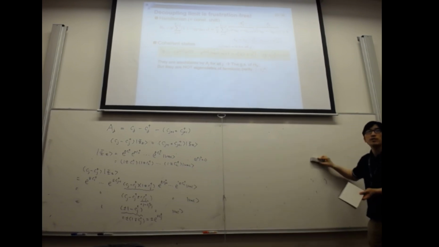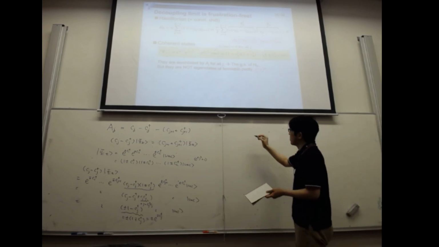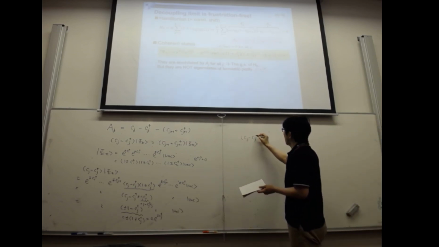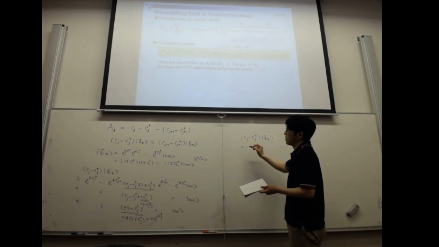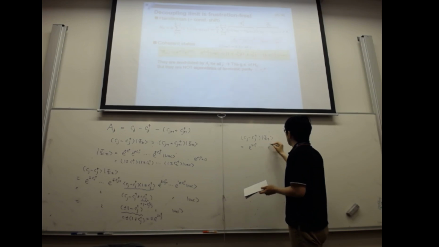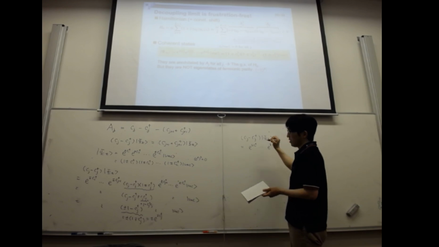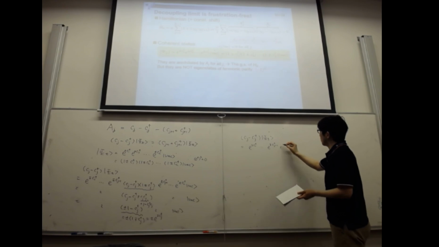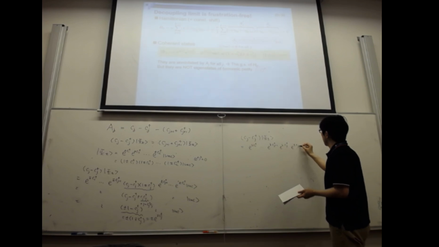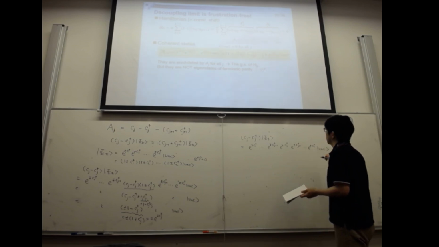So to summarize, if you act with c_j minus c_j dagger on psi plus-minus, what you get is this: e to the minus-plus c_1 dagger up to c_{j-1} dagger, e to the minus-plus c_j dagger.